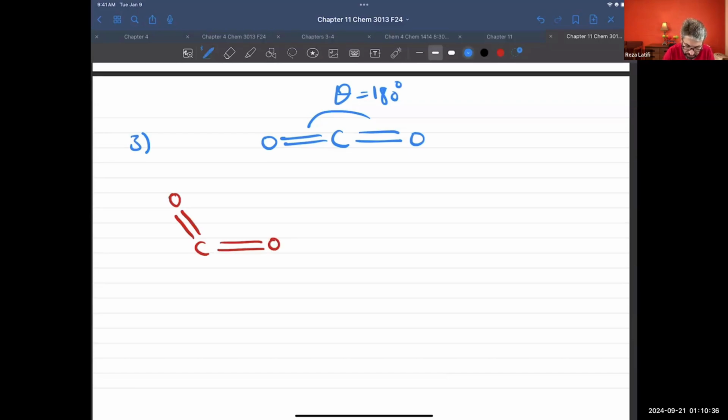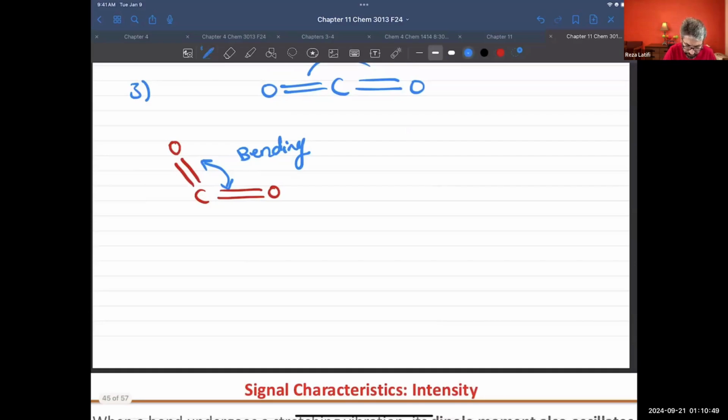Now that this bond angle is changing, we call it bending. While the bond angle is changing, one of the bonds is getting bigger, and let's say the second one is getting smaller. And yes, the bond angle is also getting less than 180.